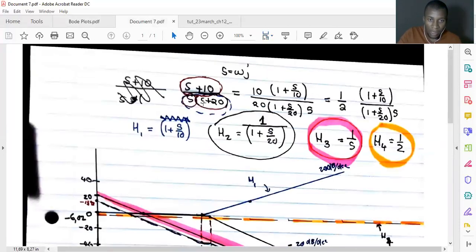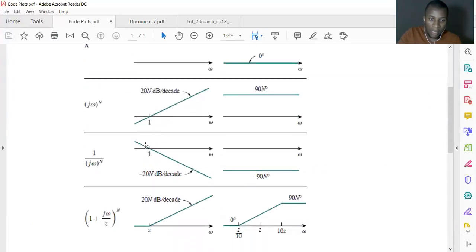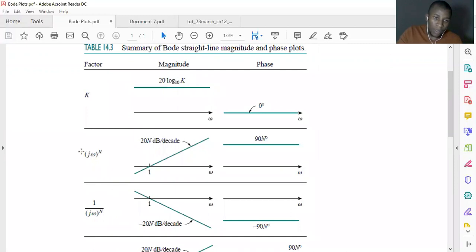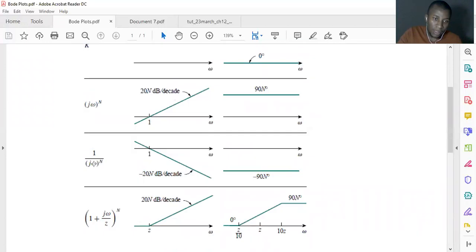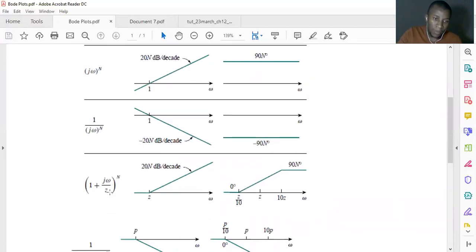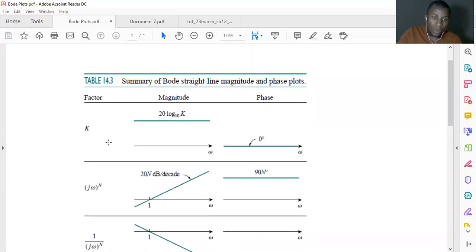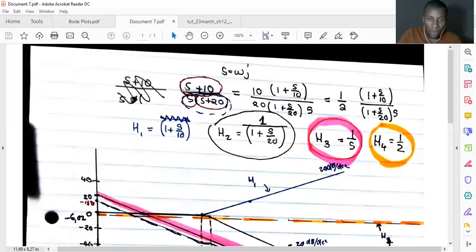We're given this transfer function, and then we want to represent it in terms of these factors. So this is for the numerator, this is for the denominator, this is for the numerator, this is for the denominator. As we all know, the jw represents an s.